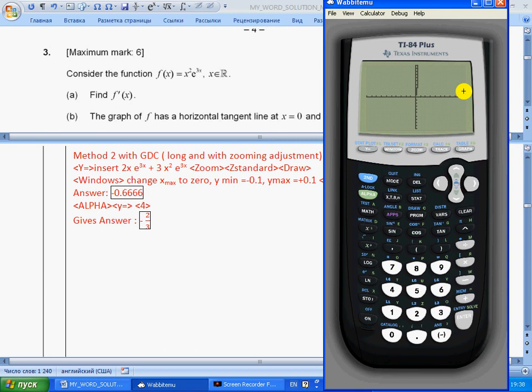Stop working. Now we go to Window, and for x maximum we put 0. To have a better picture, because y is about 0, we choose minus 0.1 and here 0.1 plus. Then we will have a very nice picture. What I like most is that we limited x to 0, so it takes less time to draw.